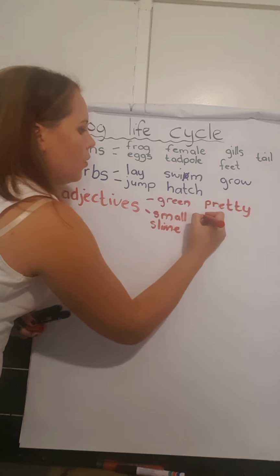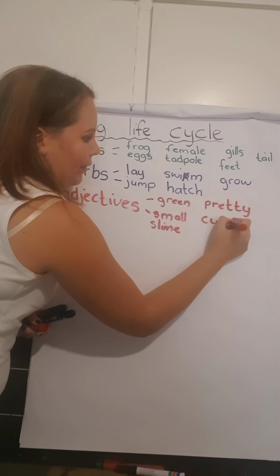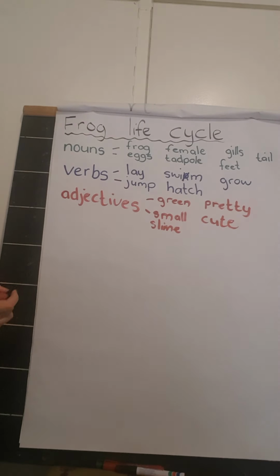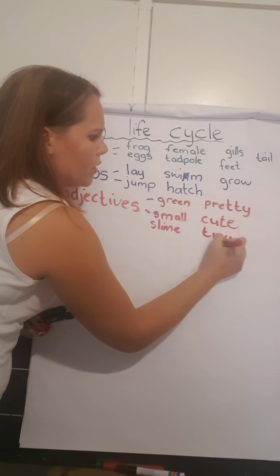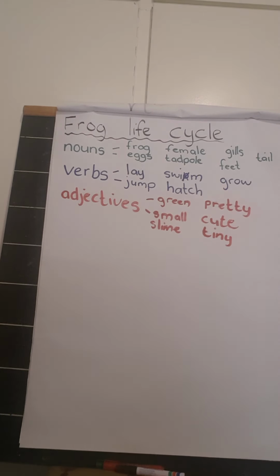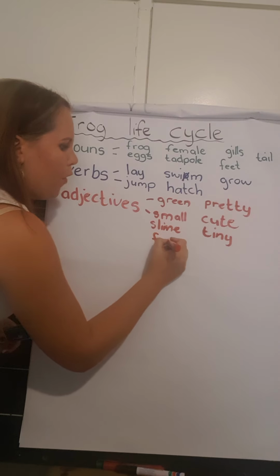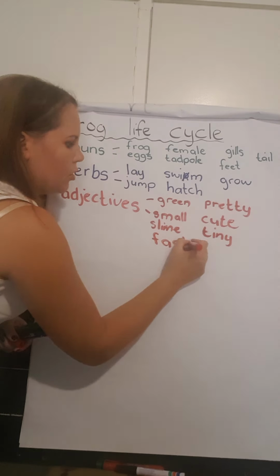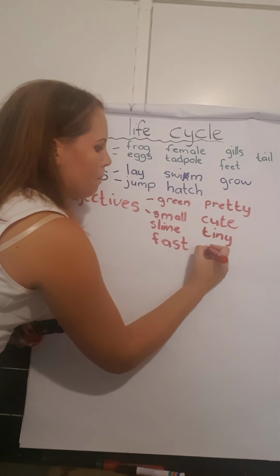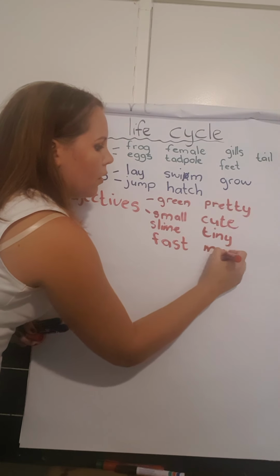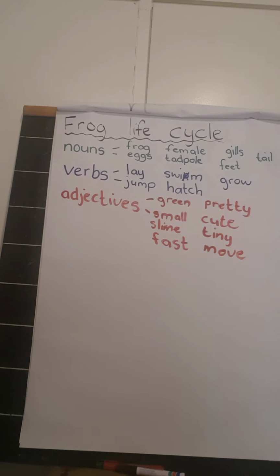The tadpole is cute. I think tadpoles are cute anyway. The gills are tiny when they develop first. The feet swim fast. Because remember, that tadpole has to swim really fast to keep it safe from lots of dangerous creatures. And the tail could maybe move from left to right to help it swim.